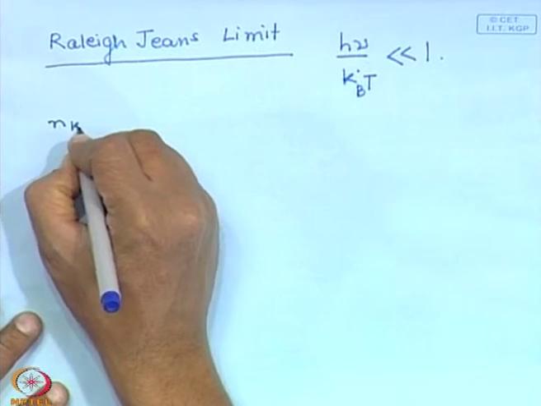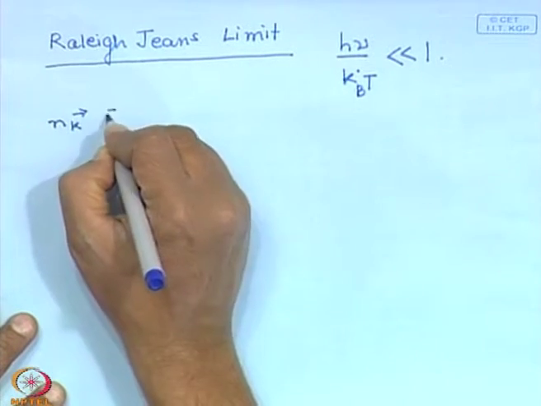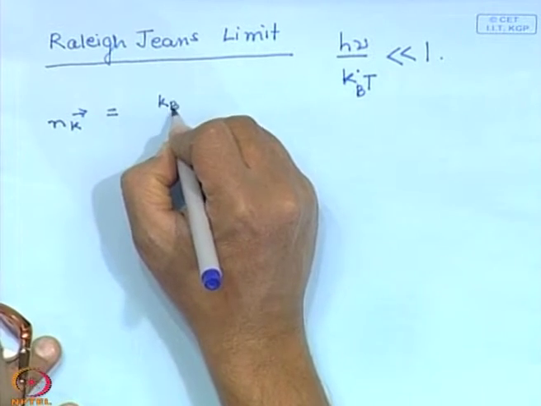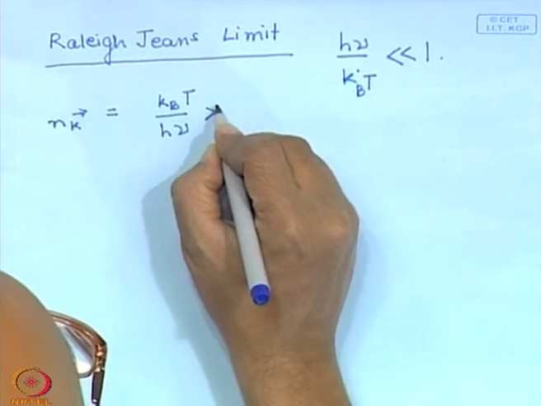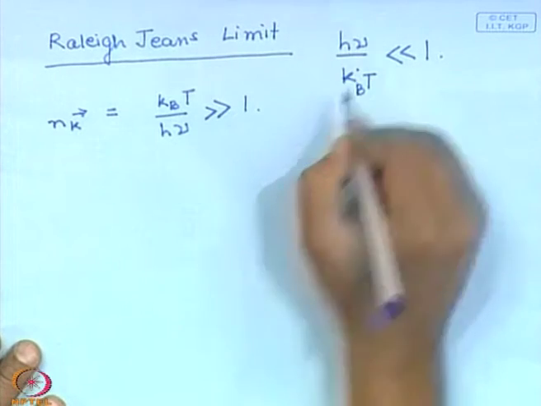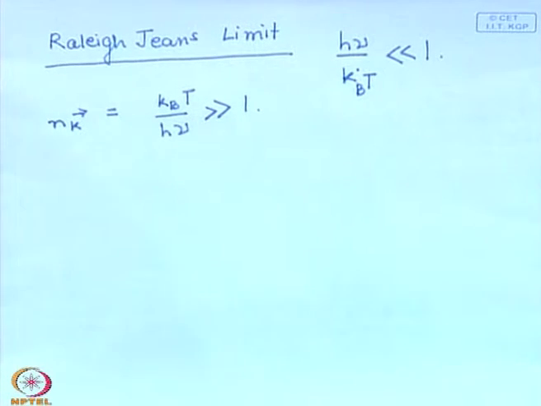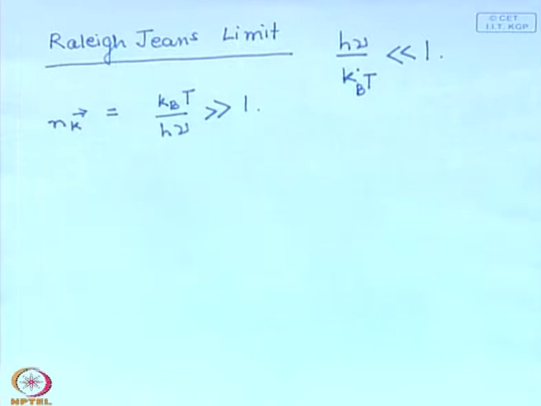The occupation number n_k in this limit, which is also interesting, is kB T by h nu, which is much greater than 1, because that is the inverse of this. So, each mode is occupied by a large number of photons; it is very densely populated. That is the limit that we are looking at.